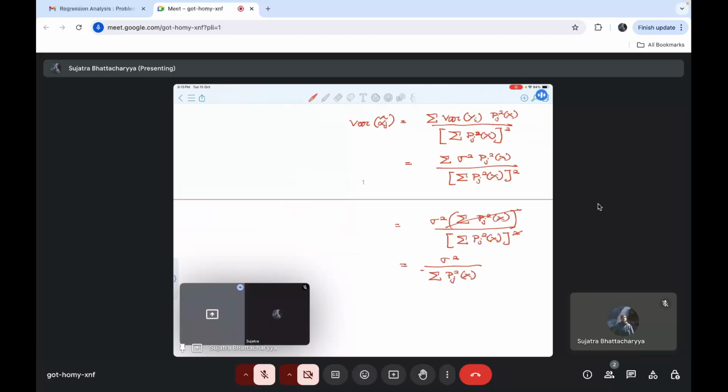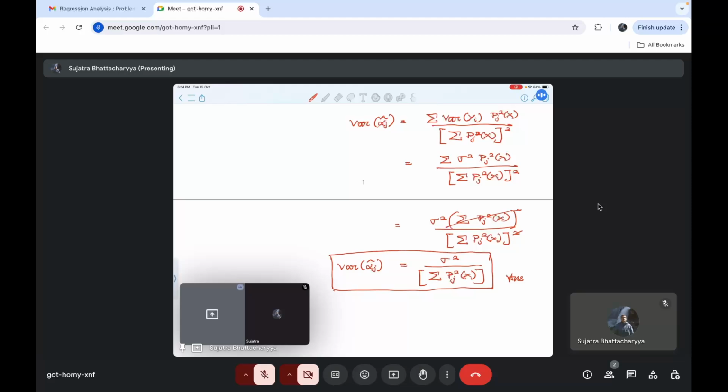This should be the variance of alpha j hat. So this is the final answer: sigma square divided by summation of pj square x.